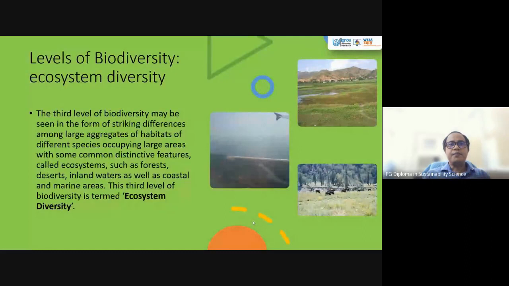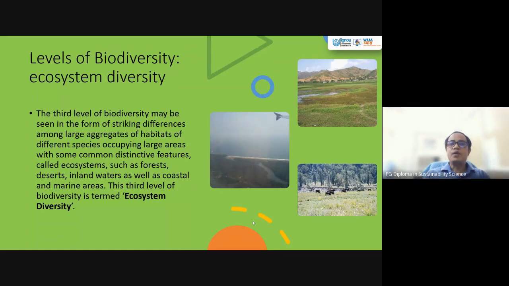In the same way, when you talk about ecosystem diversity, when we studied the concept of ecosystem, we know there are different ecosystems. The diversity among different ecosystems is called ecosystem diversity. When trees dominate an ecosystem, we call it a forest ecosystem, and within forests you will find pine forest, oak forest. If the ecosystem is dominated by grasses, that is a grassland ecosystem.